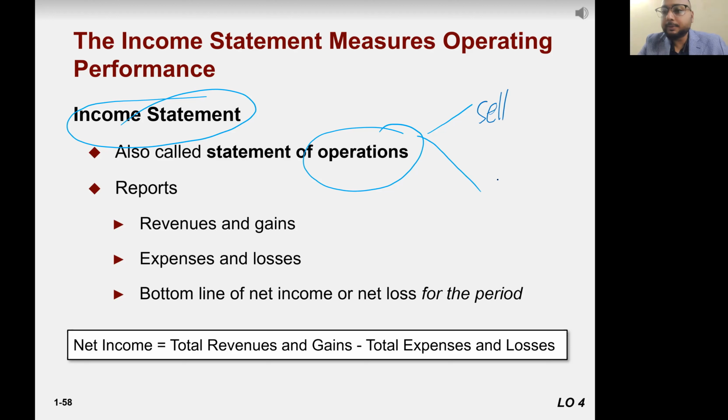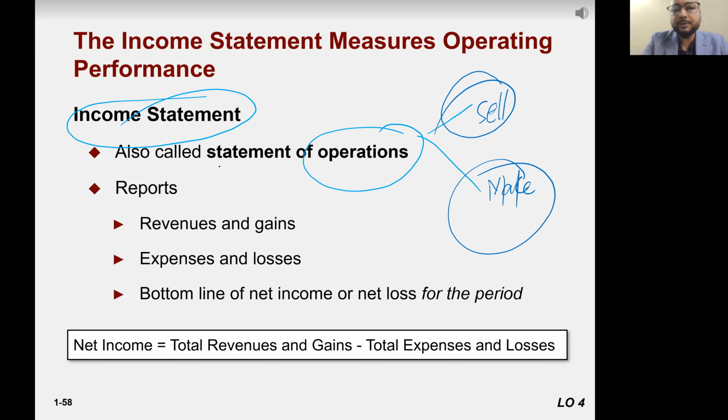Manufacture goods and sell goods. Buying raw material, converting it into finished goods, and then selling it to the market. All this information we summarize in the income statement.